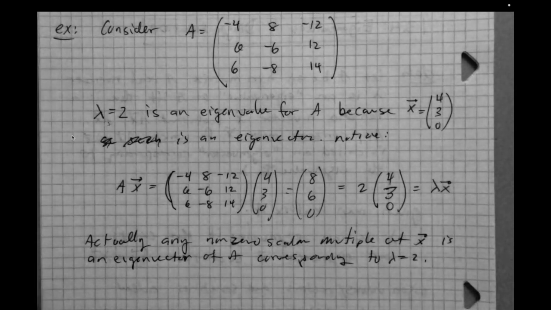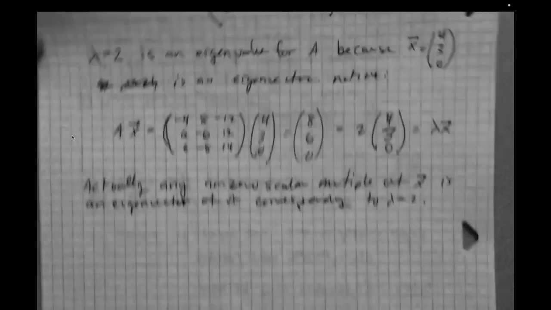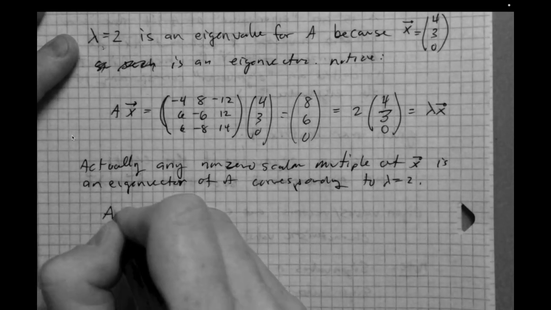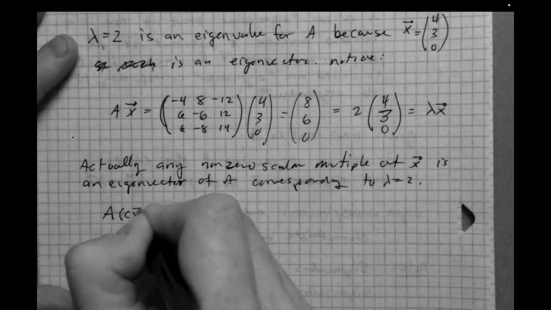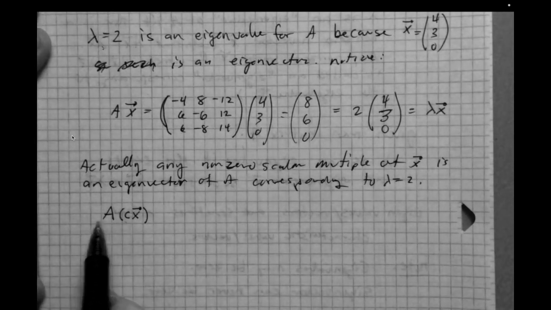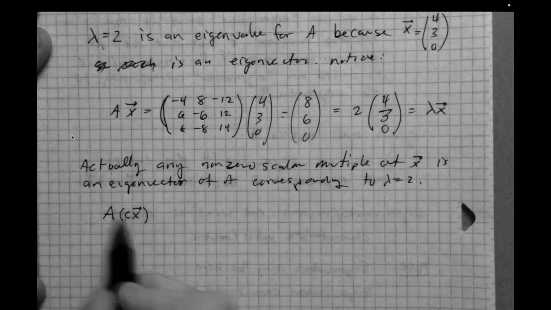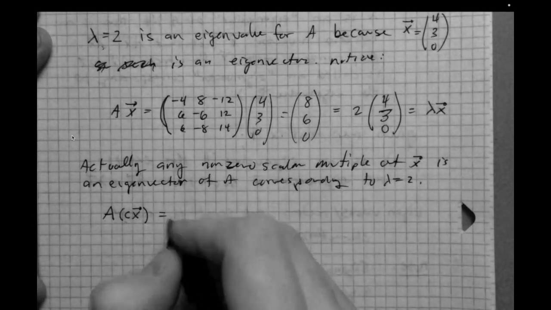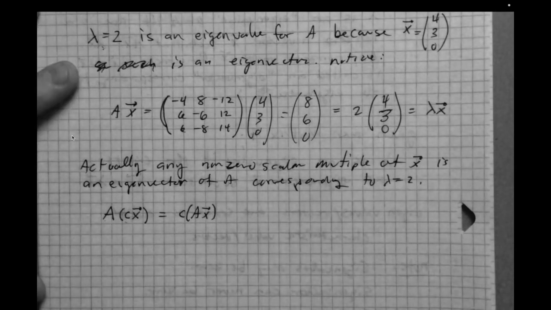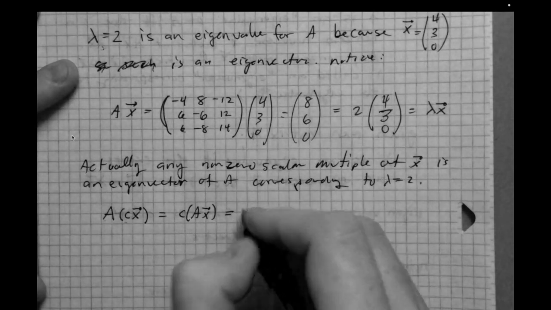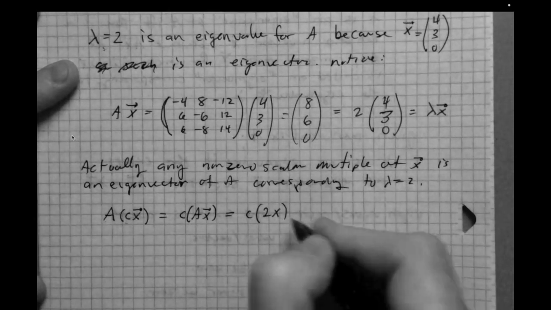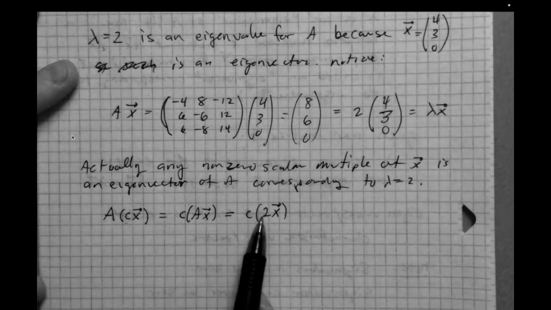Right, and why is this? Is this mysterious? Hopefully not, right? You can think about it like this. If I have my A times some constant times x, then this is a scalar, this is a matrix, this is a vector, right? So the scalar can come out front, can't it? I could go like this, and so this I know is equal to c times 2x, 2 being the eigenvalue.